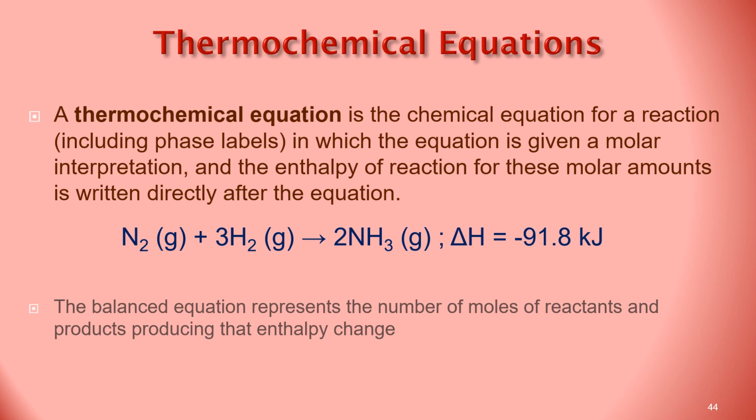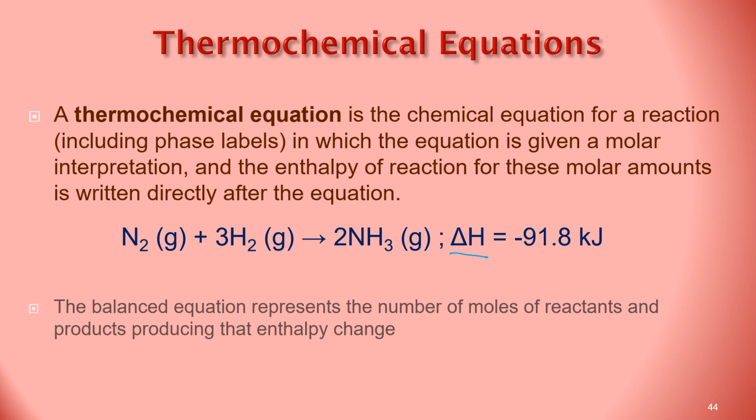Now, we're going to apply it to our reactions. So when we see a reaction, this is just nitrogen plus 3 hydrogen gives us 2 ammonia. Often now we will see a delta H next to it. So this is telling us what is the change in enthalpy for this reaction, or in other words, what is the heat of this reaction.